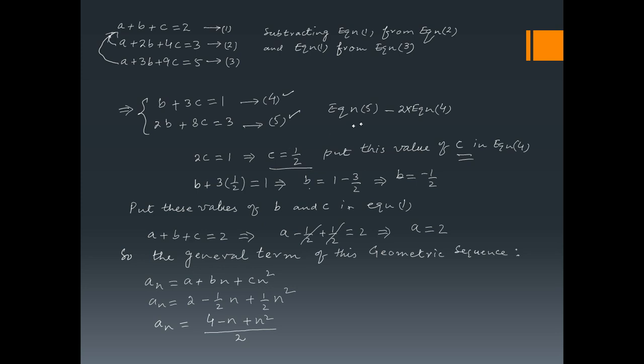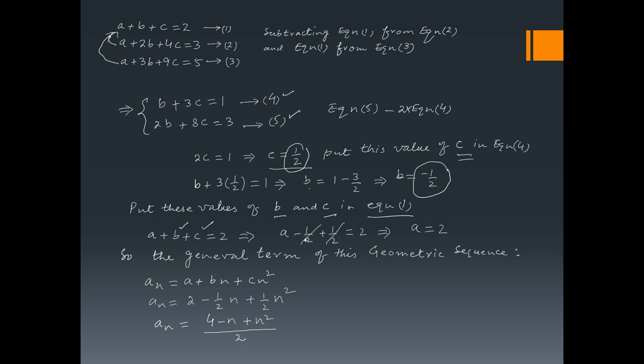Now we have got the value of c, which is 1 by 2, and the value of b, which is minus 1 by 2. We will put these two values of b and c in equation 1, a plus b plus c is equal to 2.